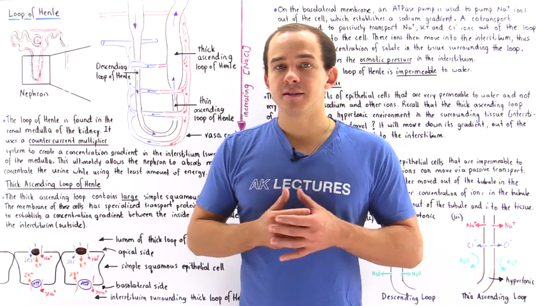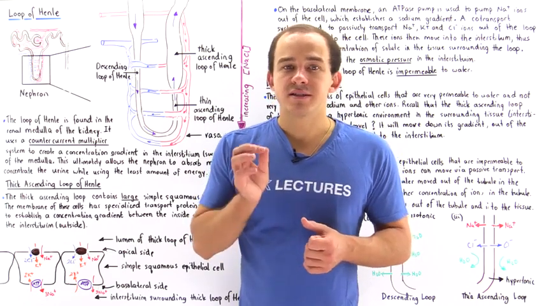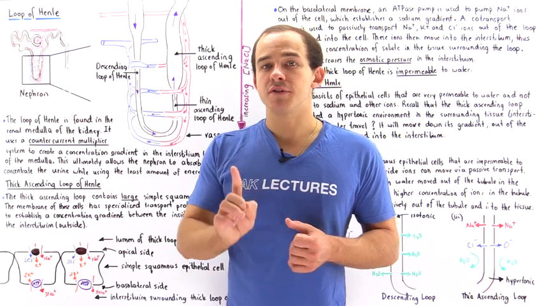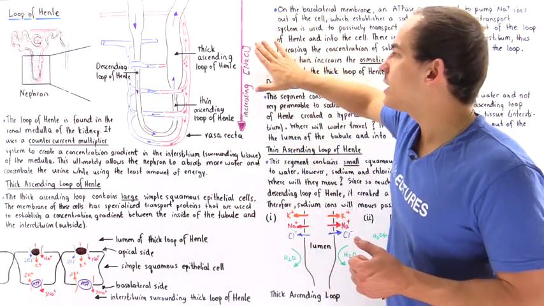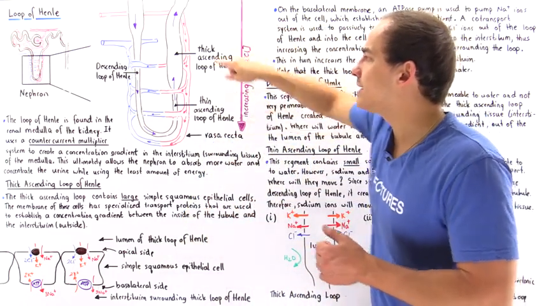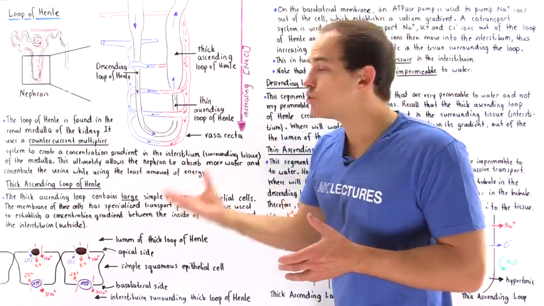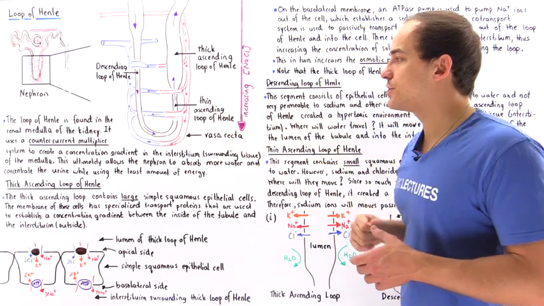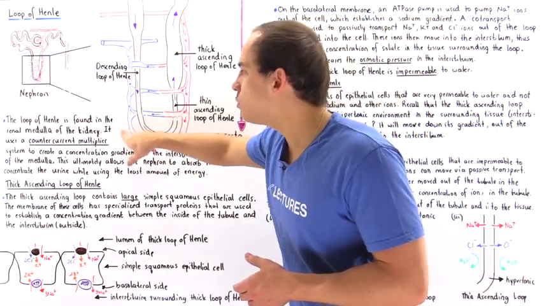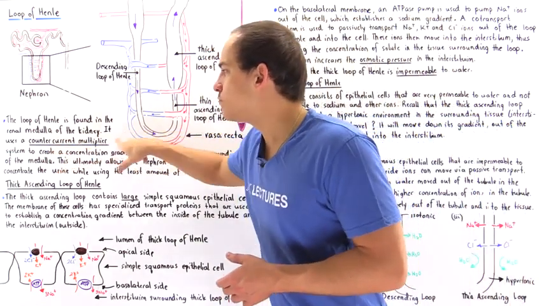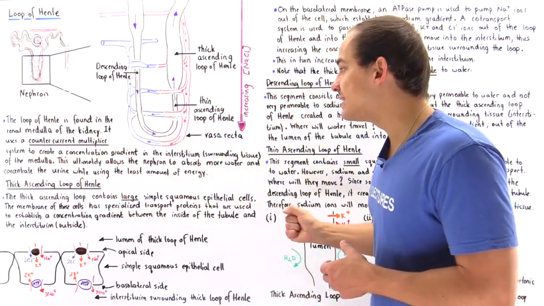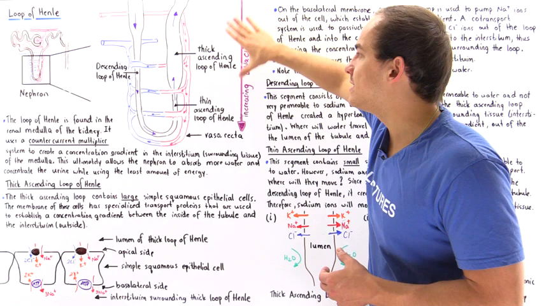And what that system does is it increases the amount of solute, it increases the concentration of the ions found within our tissue surrounding our loop of Henle. And the tissue surrounding the loop of Henle is known as the interstitium. So it utilizes the countercurrent multiplier system to create a concentration gradient found inside the interstitium.